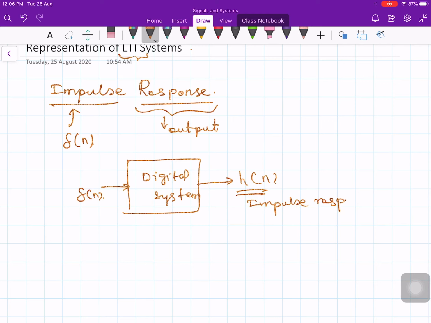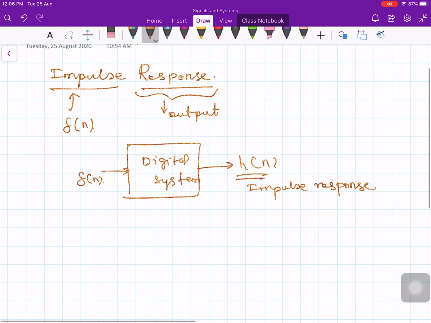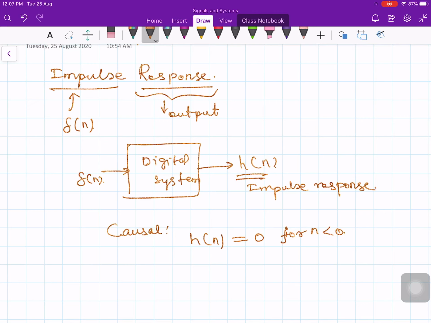Now if h of n is 0 for n less than 0, then the system will be causal. Okay, so how do we justify this statement?